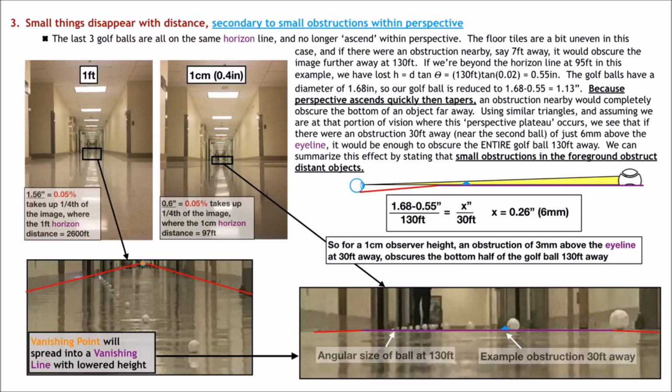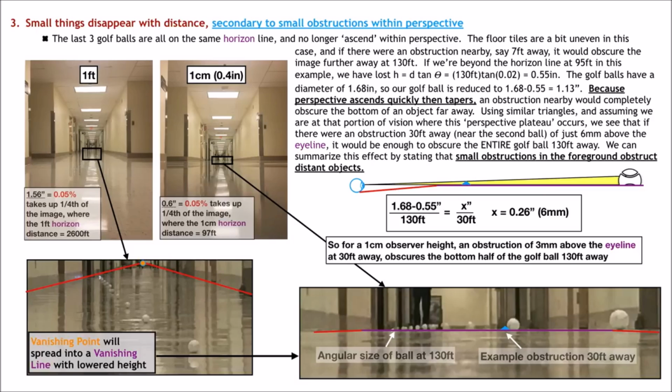So keep in mind too, from our formula before, that for the 1 foot observer height, knowing that 0.05% is taken up within the lower 1/4 of vision, only 1.56 inches is going to be within that lower 1/4 of the visual field. And when we lowered our height down to 1 centimeter, again, 0.6 inches takes up 1/4 of the image.